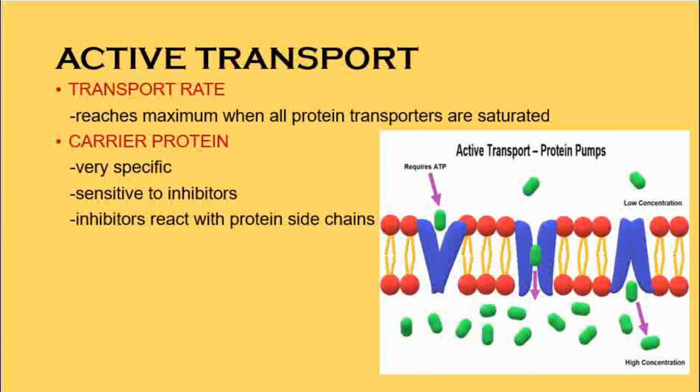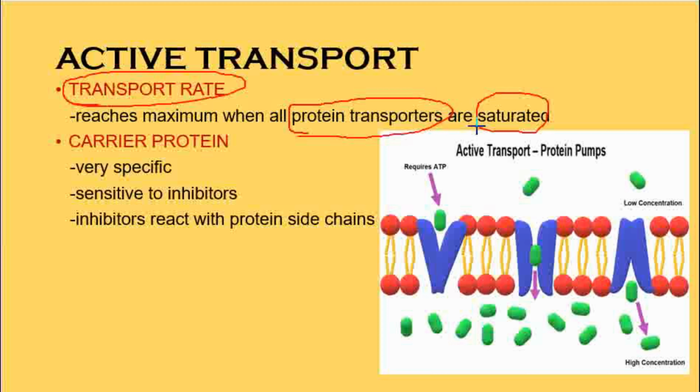And coming to the transport rate, like in facilitated diffusion, it reaches maximum when all the protein transporters are saturated. So here also there is a saturation point. When all the protein transporters are utilized, a saturation point occurs.